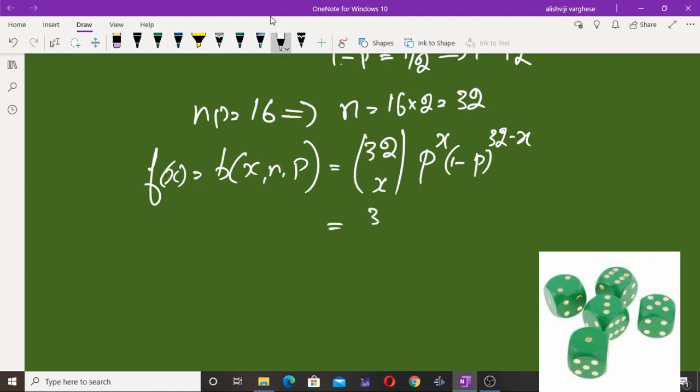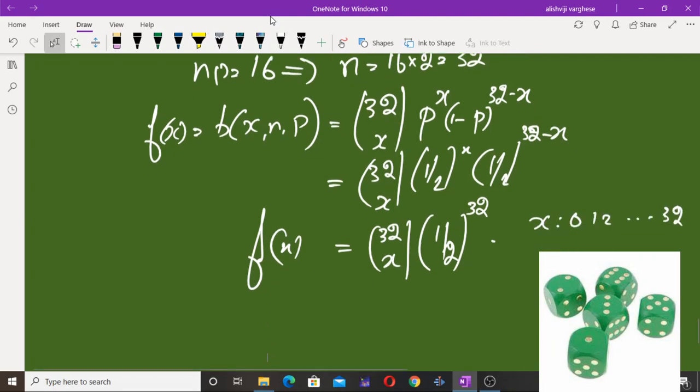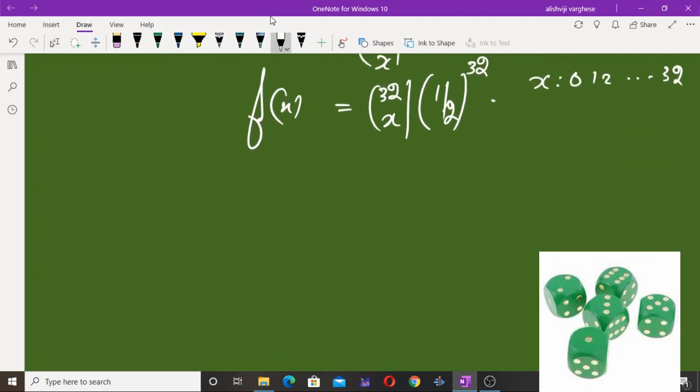So this can be written as 32Cx (1 by 2) raised to x (1 by 2) raised to 32 minus x. As in the previous case, we can rewrite it as 32Cx (1 by 2) raised to 32, and this x can take values 0, 1, 2, etc. up to 32. Thus this is our probability density function of the random variable x.